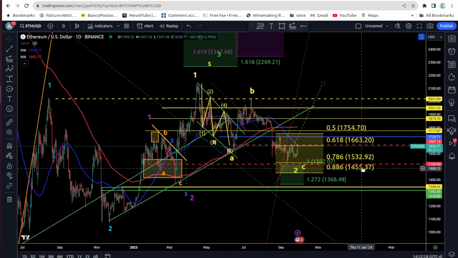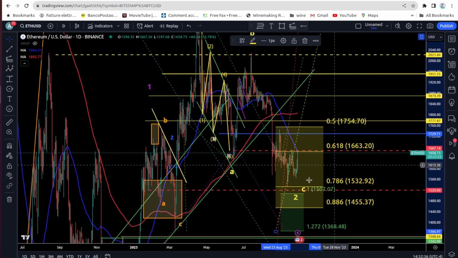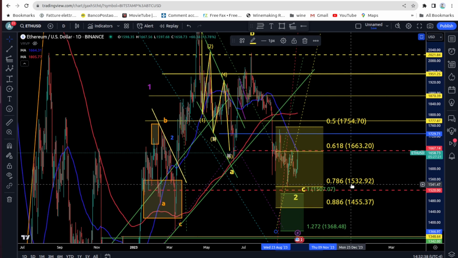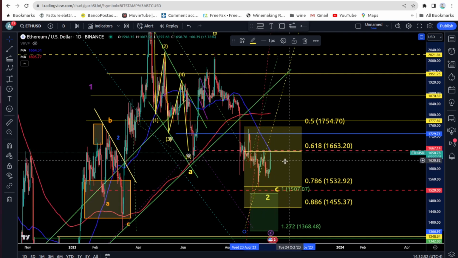As you can see here, the yellow Fibonacci retracement, we did touch the 0.786, 1,532 and 92 cents. And now we are maybe trying to change the momentum, change the trend maybe.